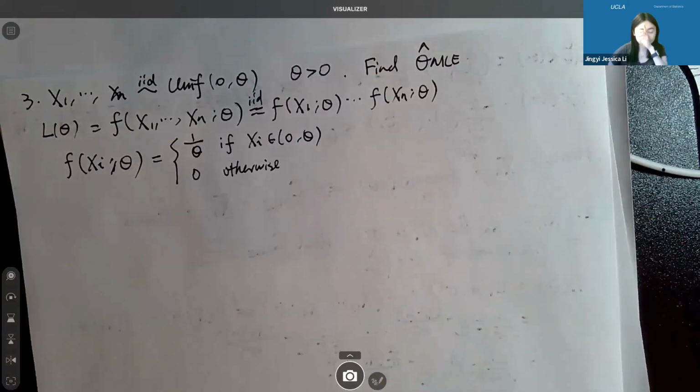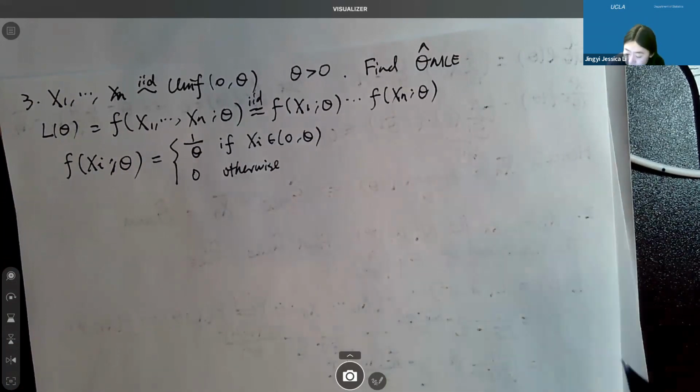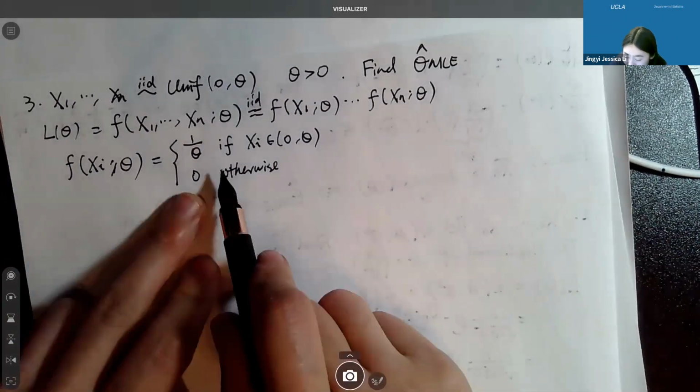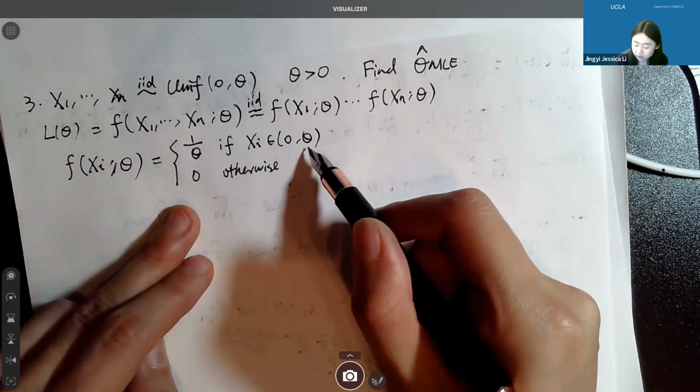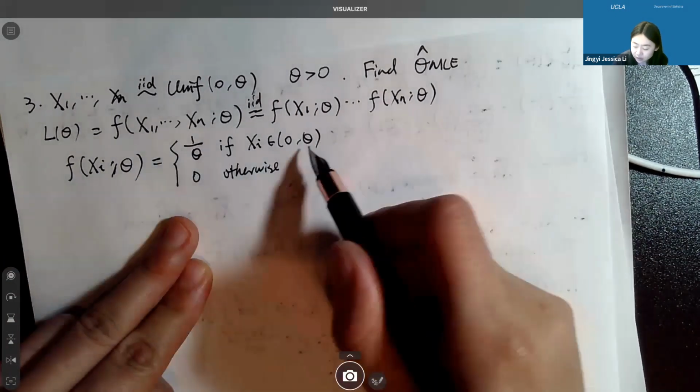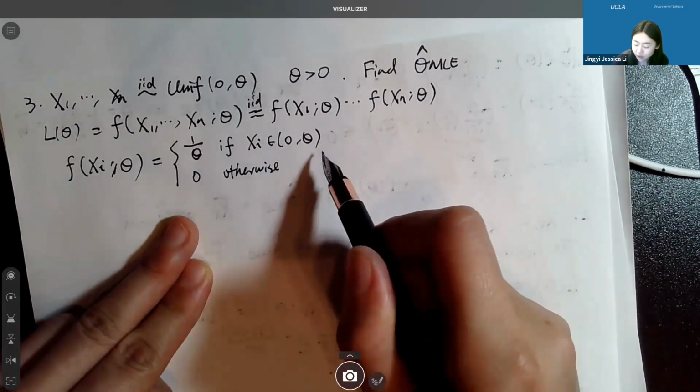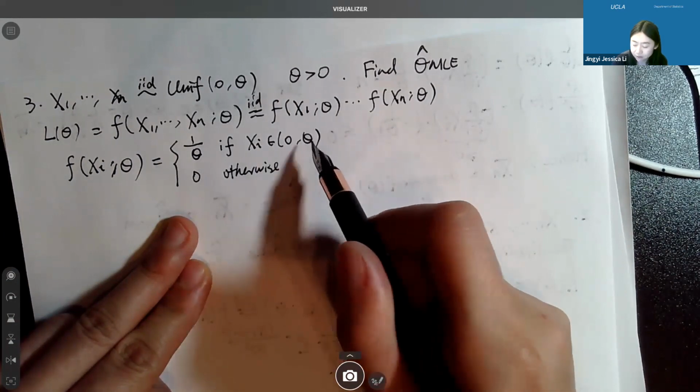So the density has a sharp change at the two boundaries, so we need to take that into account. In other words, because theta itself is the upper bound of the range, when we write it, we need to incorporate this. So we cannot drop this part because it involves theta.